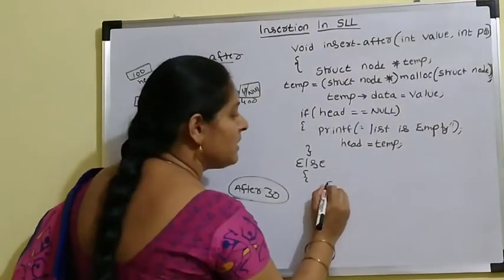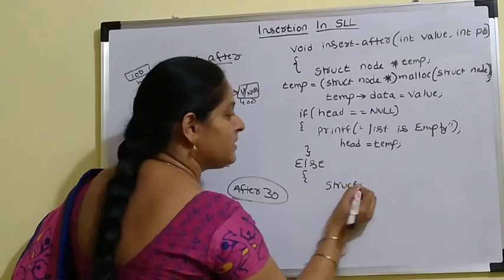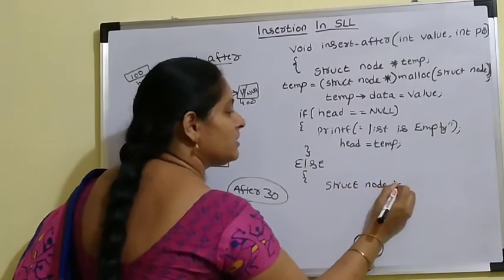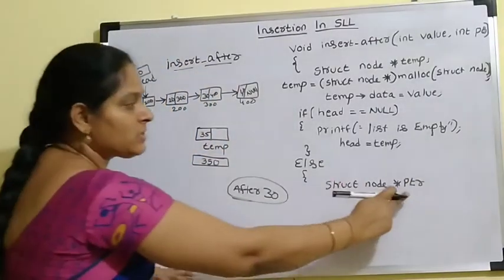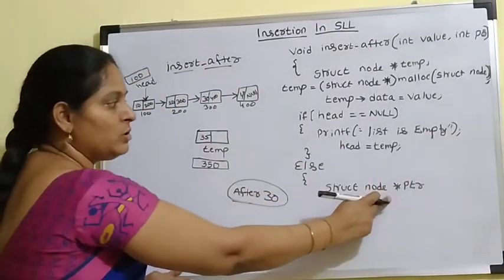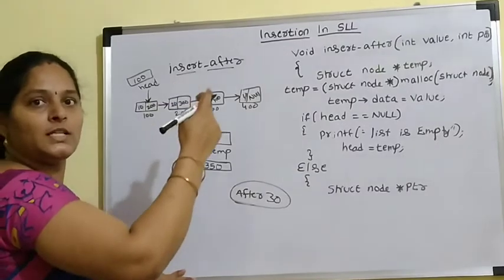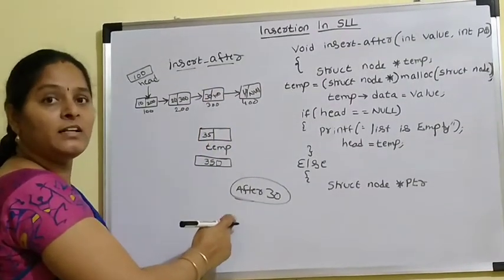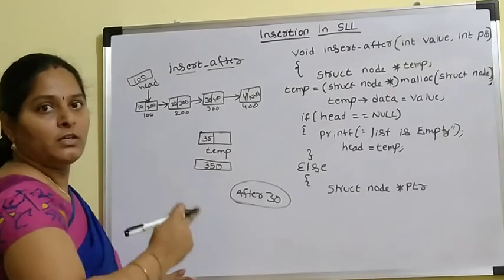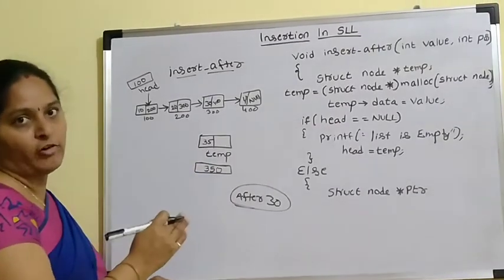So what we need to do is take one extra pointer, struct node star ptr. By using this pointer, we should traverse all the nodes by verifying their data until the 30 node is found.